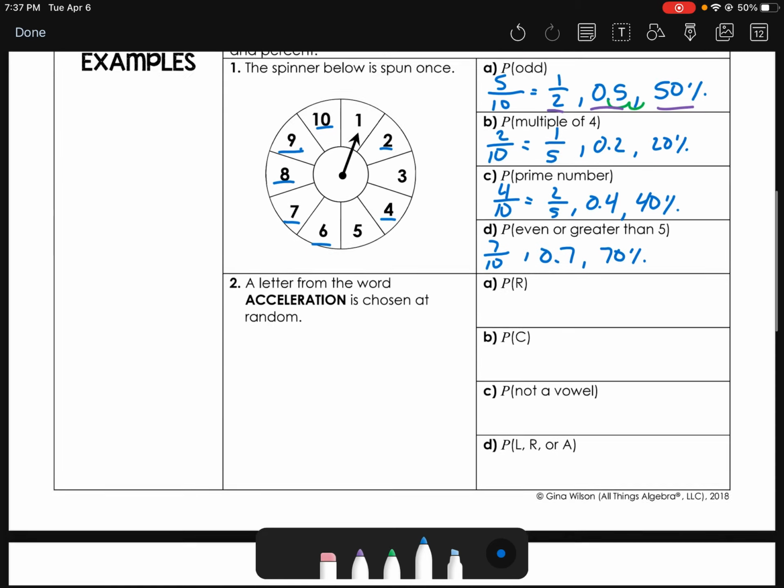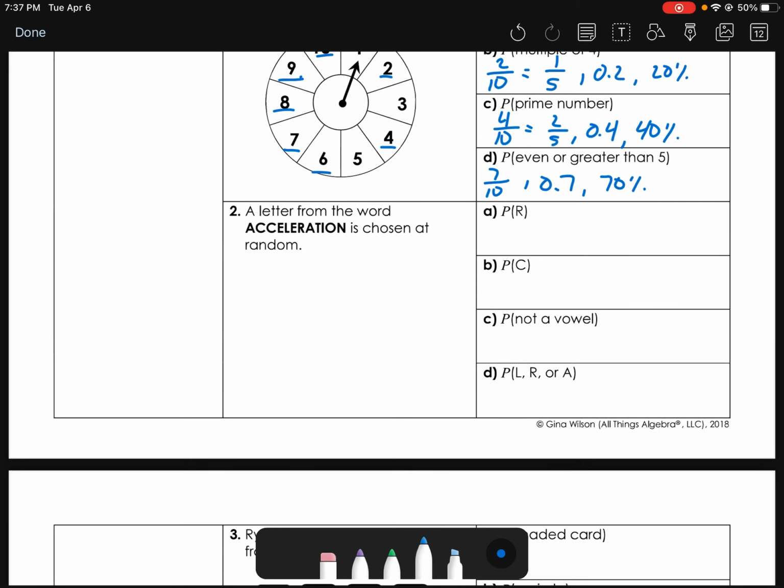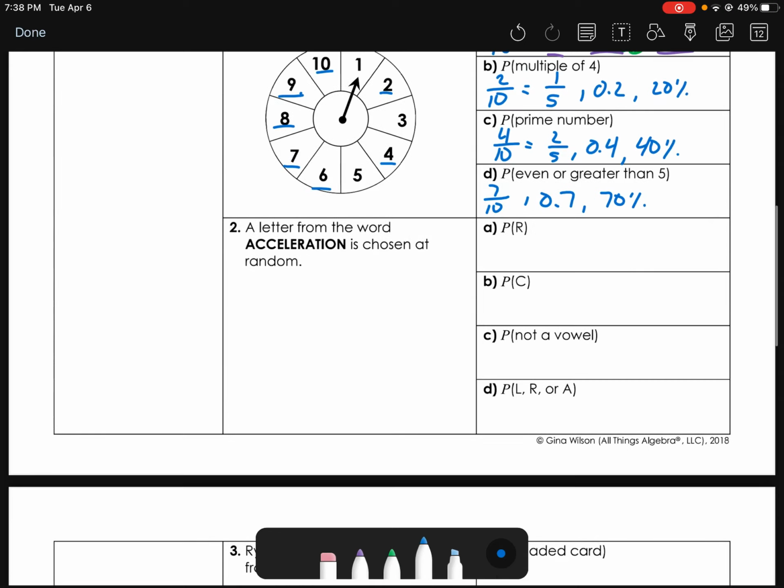All right. Looking at number 2. A letter from the word acceleration is chosen at random. So any one of these letters could be a possible outcome in our probability. A says the probability of choosing R. So looking at this, I have 1, 2, 3, 4, 5, 6, 7, 8, 9, 10, 11, 12 possible outcomes.